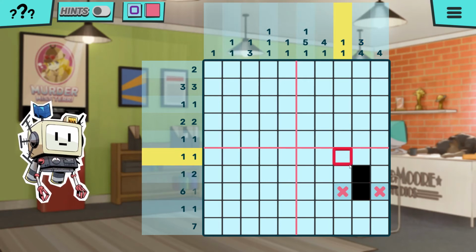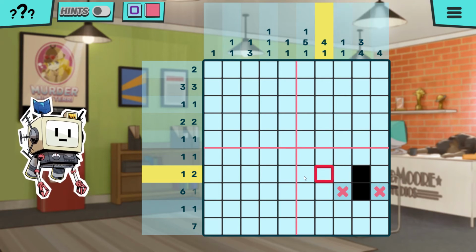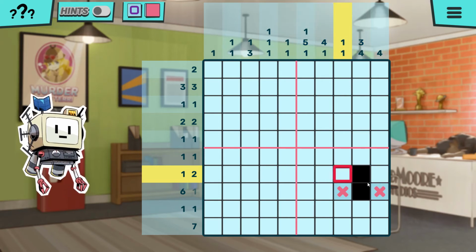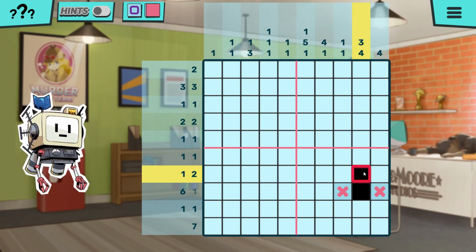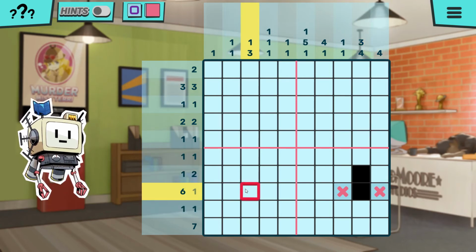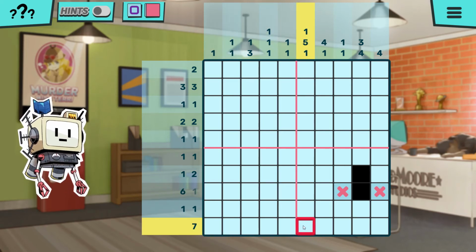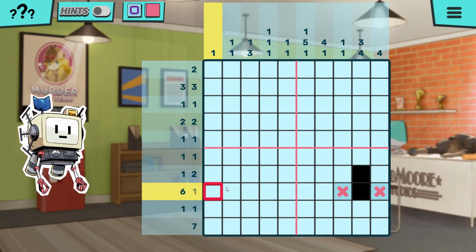Okay. Also, I don't know exactly what to do with this yet. Can I do anything with the 4 because of this? No, I can't really. But we can do something with the 7. I can do something with the 6. I can do something with the 7 down there as well afterwards.